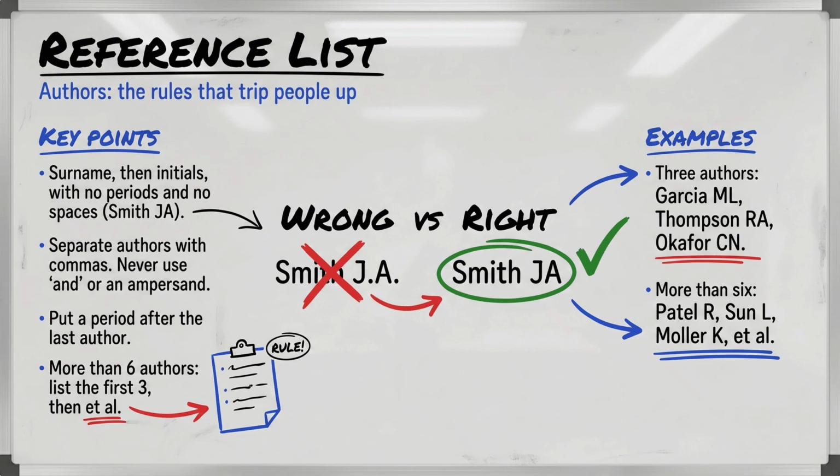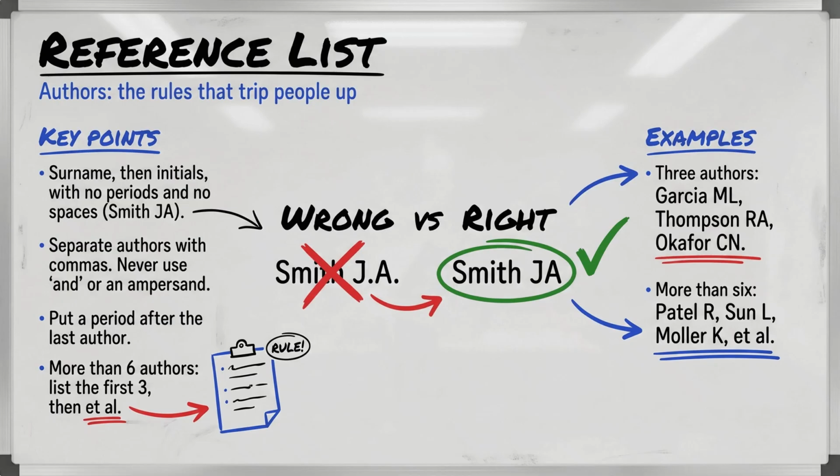Authors cause more AMA mistakes than anything else, so slow down here. Write the surname, then the initials, with no periods and no spaces between them. So J period A becomes simply JA, run together with no spaces. Separate authors with commas only.